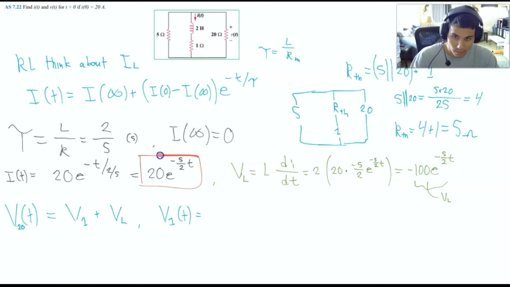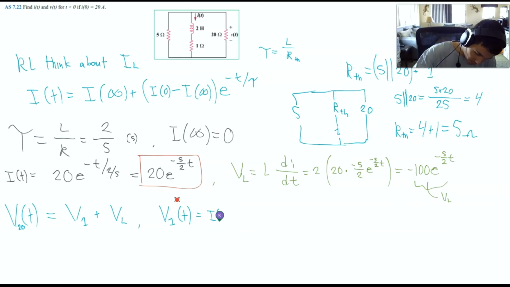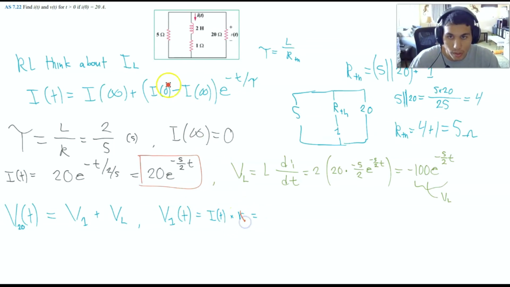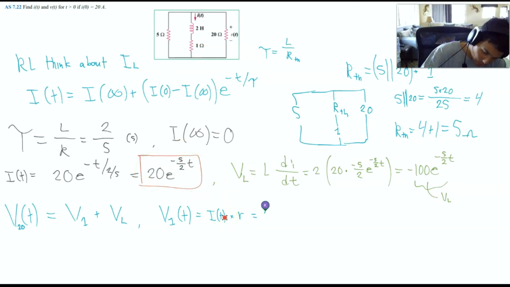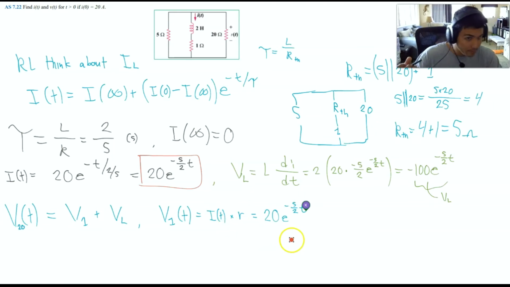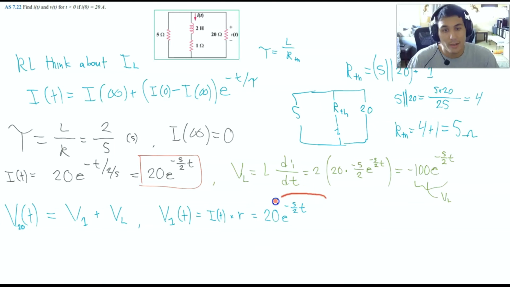So V1 of t is I of t times R, and R is just 1, so it's 1 times this. So it's 20 e to the negative 5 over 2 t. Okay. So now this added with this, right? So that added with that.